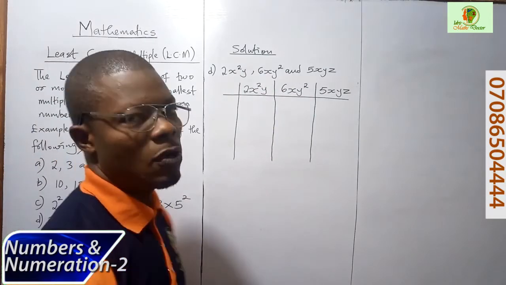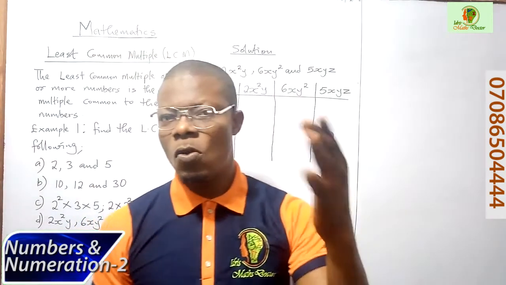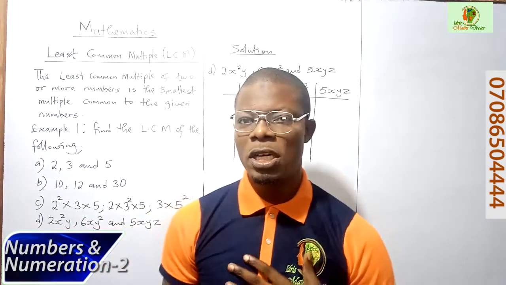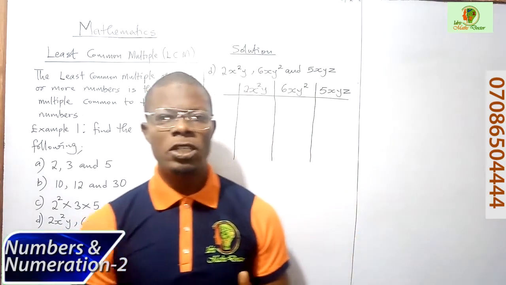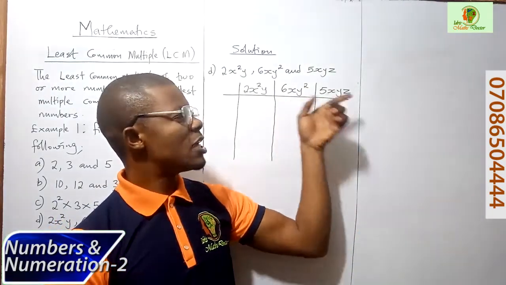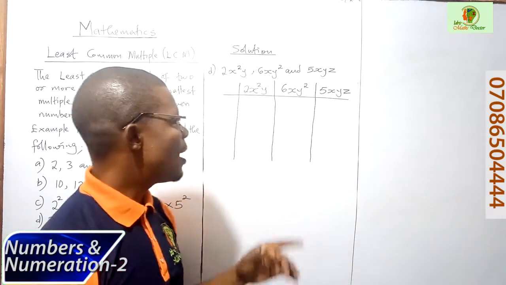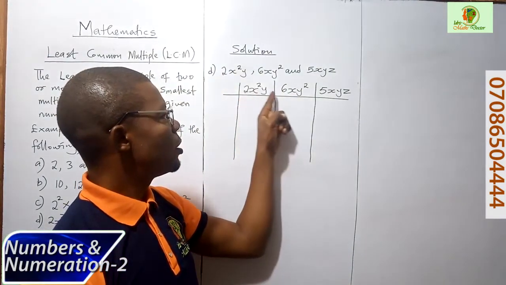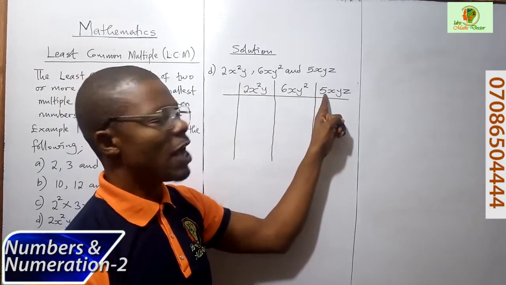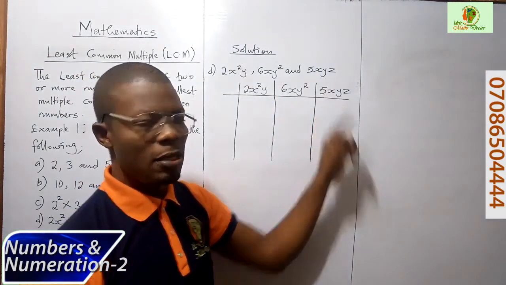First, we are going to put the coefficients into consideration. The coefficients here are what? 2, 6, and 5. Is that taken?